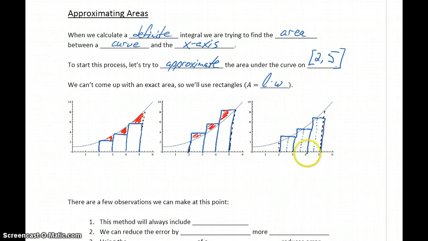The second interval should still be from 3 to 4, though it looks like my drawing got a little sloppy, and from 4 to 5. So again, what we see is we have a little bit of error in each case because we have some sections we're including that we shouldn't be, some sections we need to be including that we're not. But again, this midpoint method is typically going to give us our best approximation.